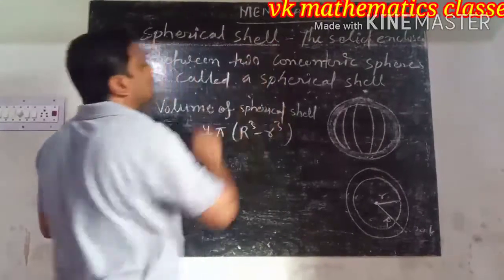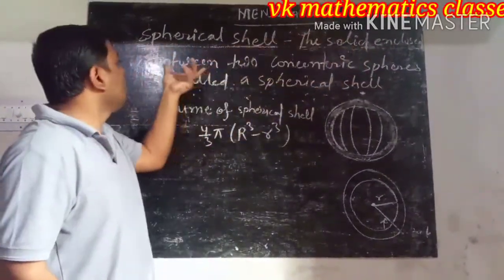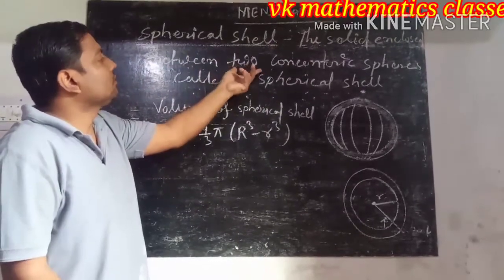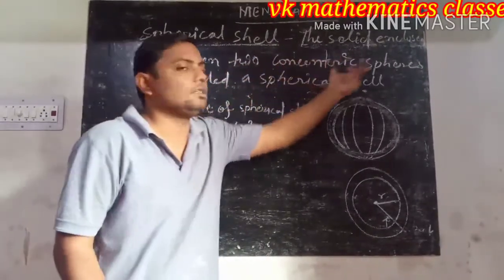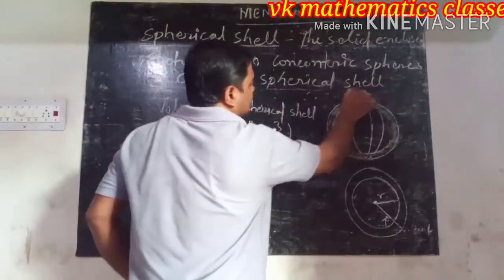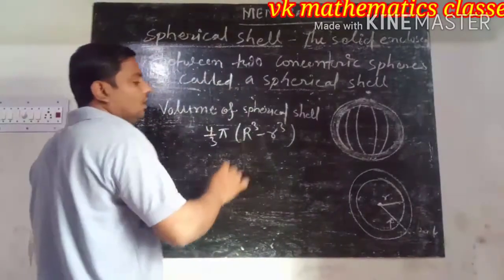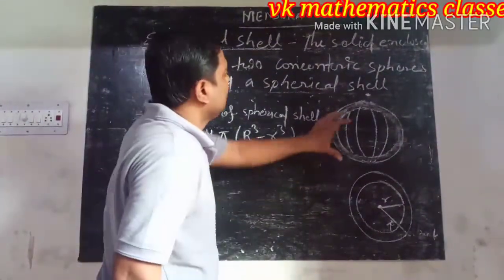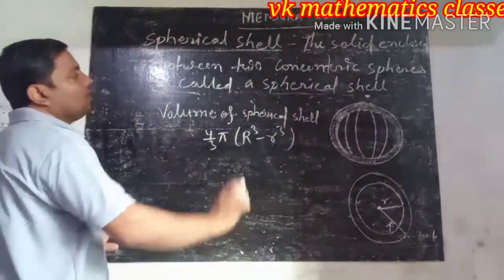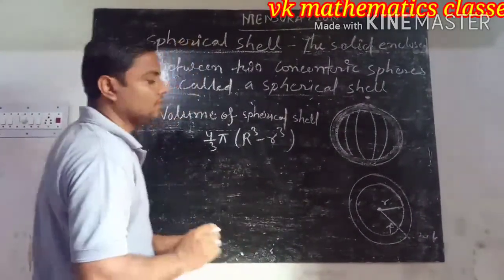Next is the spherical shell. The solid enclosed between two concentric spheres is called a spherical shell. This is the figure. Here the solid is enclosed by two concentric spheres.